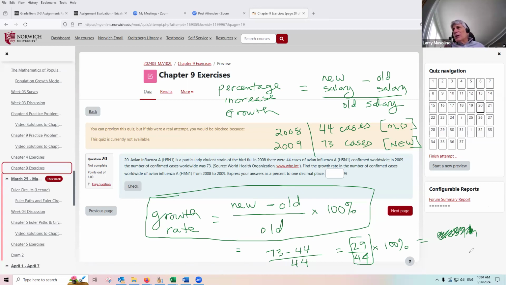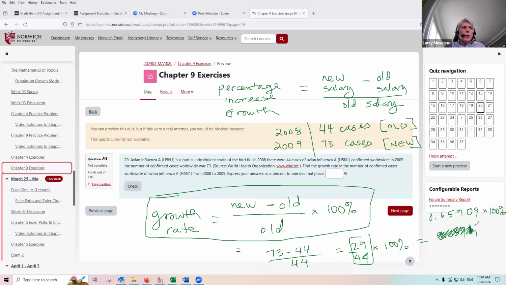But I'm not ready to round yet. So I'm getting 0.65909 times 100%, because we want to change this into a percentage.